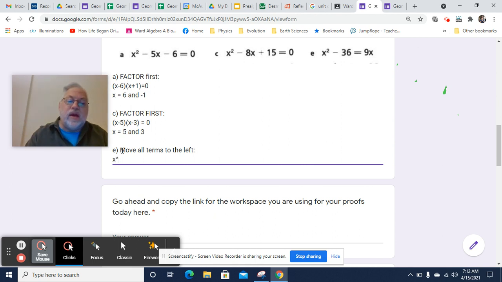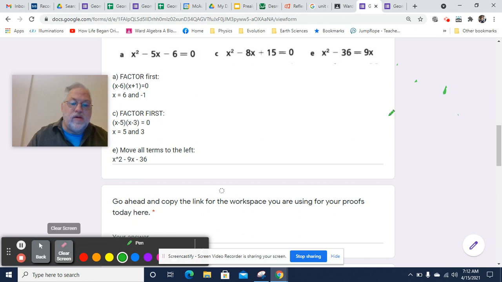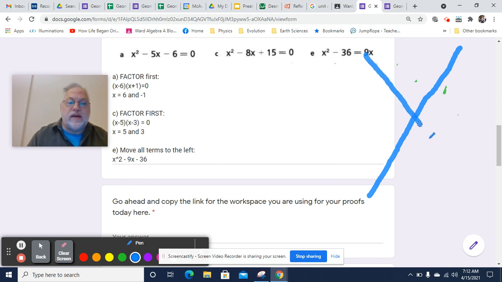So it becomes x squared, and then that'll be minus 9x, and that will be minus 36. Okay, let's take a look at what happens. Let's go over here, and I'll use blue this time. And I need 2 factors of negative 36 that add up to negative 9.